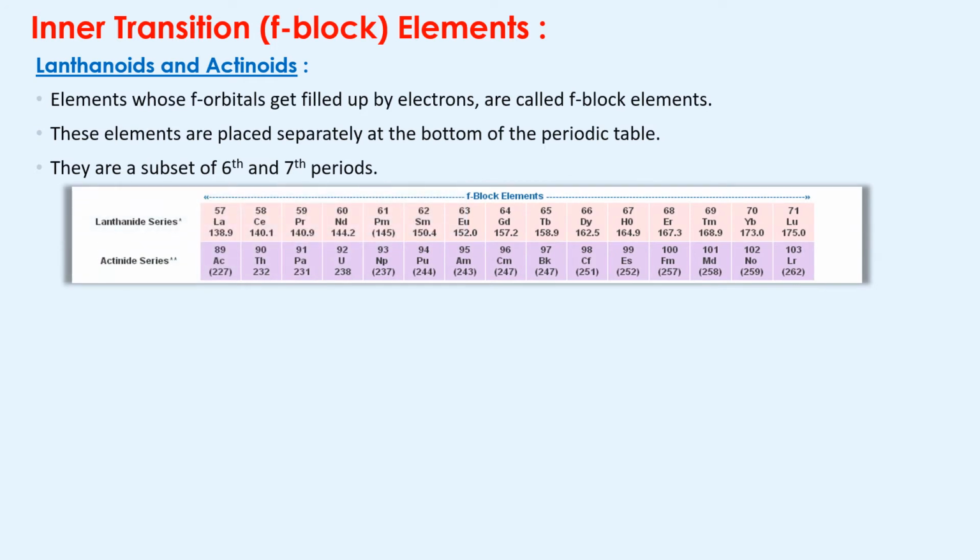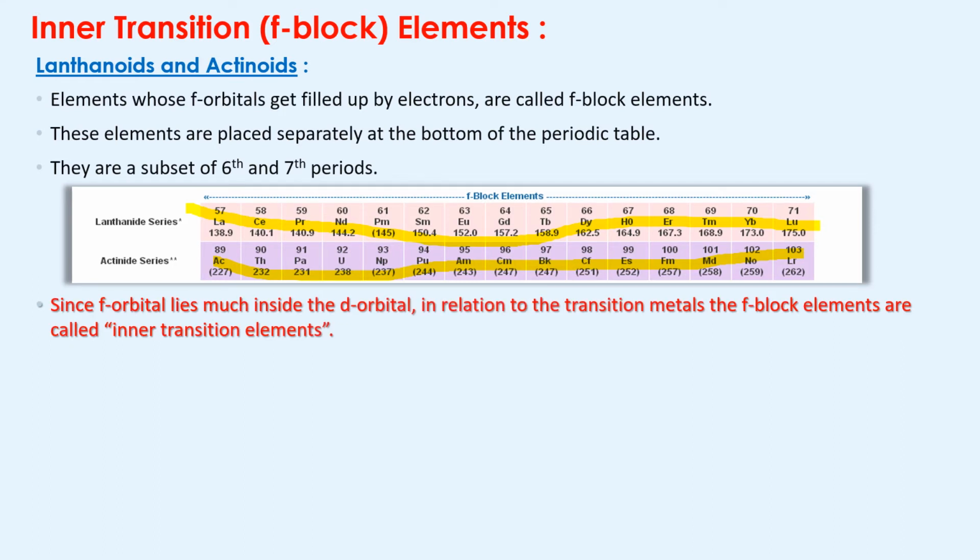Now see, they are located at the bottom of your periodic table. See, this is the lanthanide series, first one, and the second one is your actinide series. Okay, now next, since the f orbital lies much inside the d orbital in relation to the transition metal, f block elements are called inner transition elements.